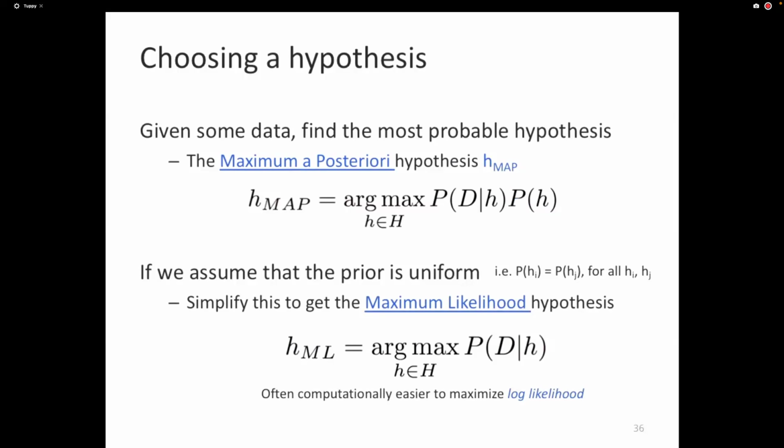As a matter of practical convenience, we never work with the likelihood expressions directly. We never work with this product explicitly. Instead, we always operate in the log space. So we don't maximize the likelihood, we maximize the log likelihood. Because log is an increasing function, it's going to give us the same answer.